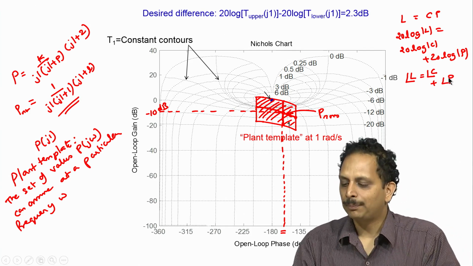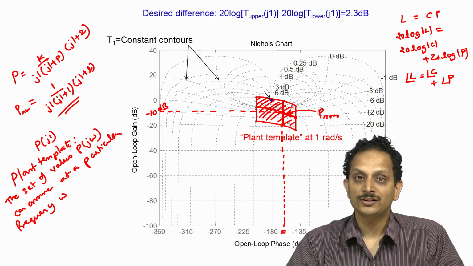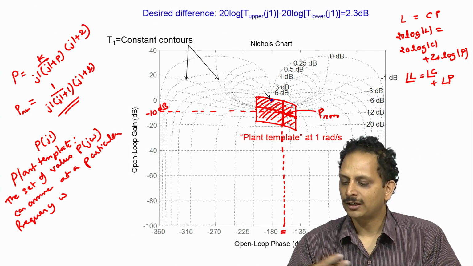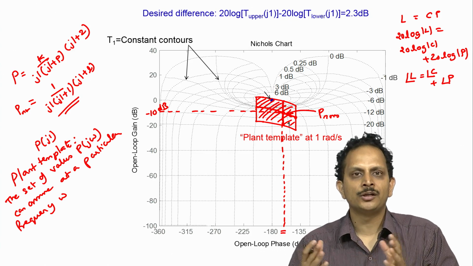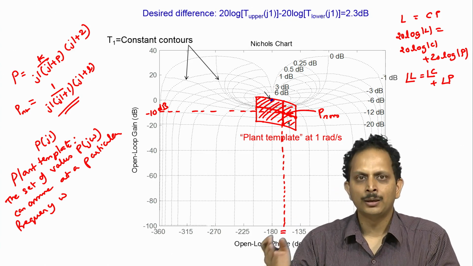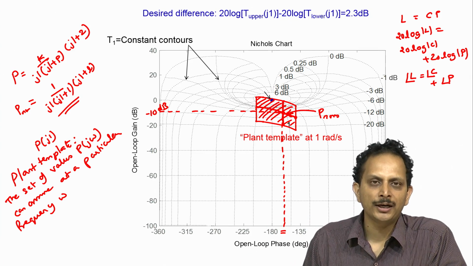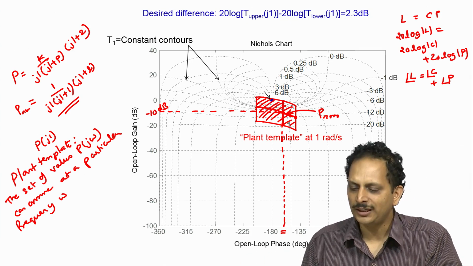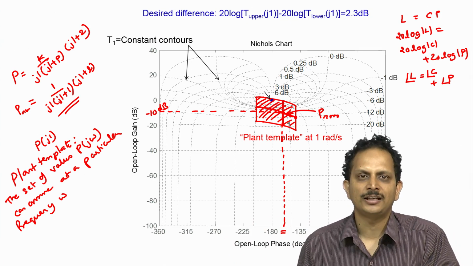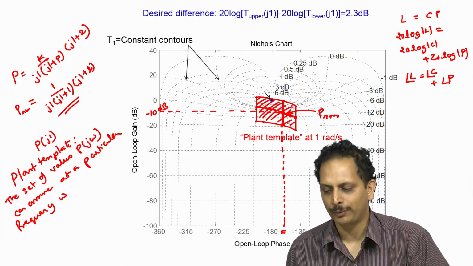Now, unlike the plant transfer function, there is no uncertainty associated with the controller transfer function. So, once we fix the controller, it will provide a certain specific magnitude at a particular frequency and a certain specific phase lag or lead at that particular frequency.